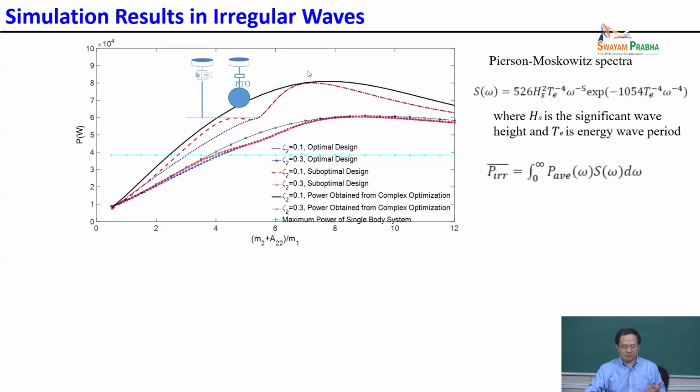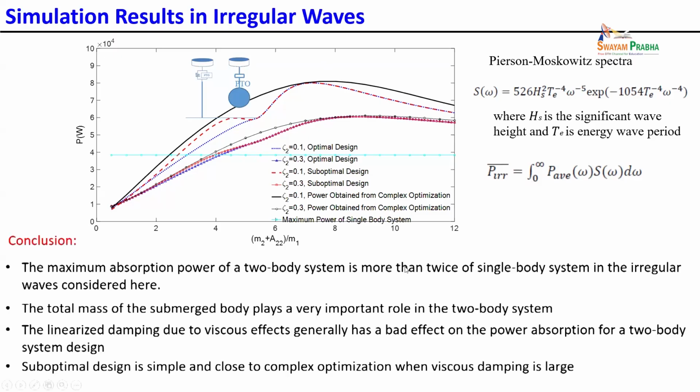If you optimize for this frequency, you can get pretty nice performance, slightly less than true optimal, but still decent. I skip the conclusion. Basically, I want to tell you that for the two-body system, by taking advantage of the dynamics, you can get much better performance than the single-body case.